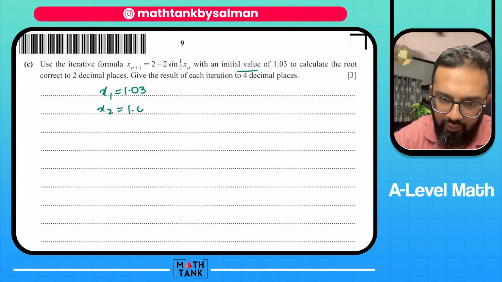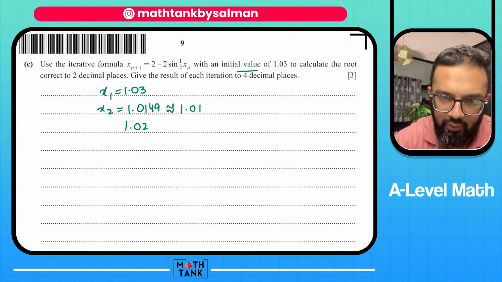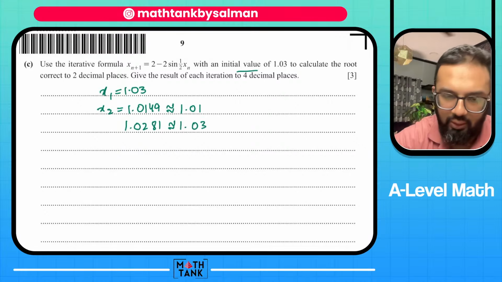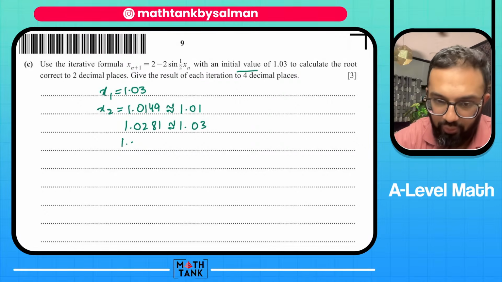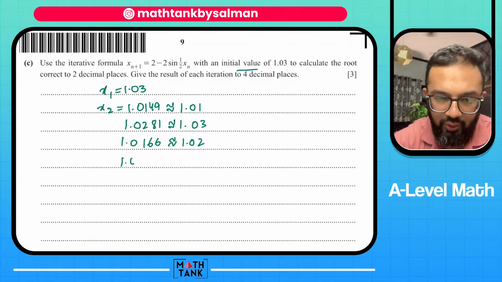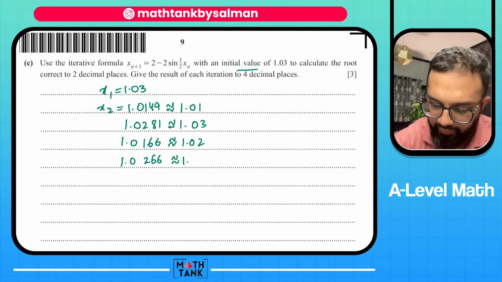So the next iteration is 1.0149, 1.01, 1.0281, 1.03, 1.0166, 1.0266, 1.03.